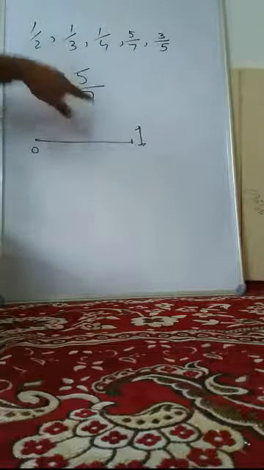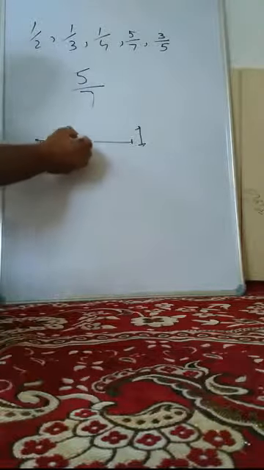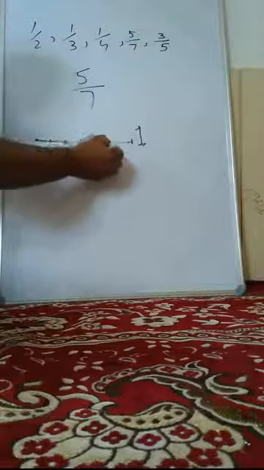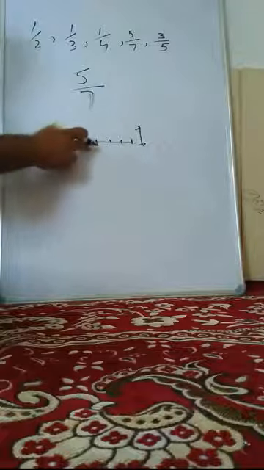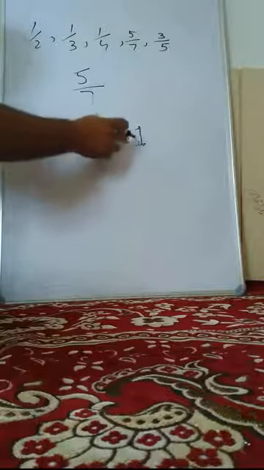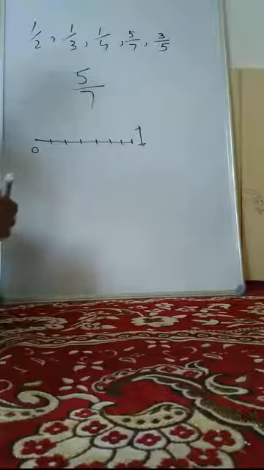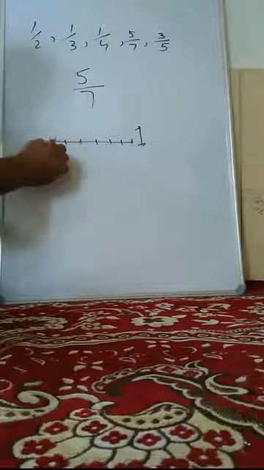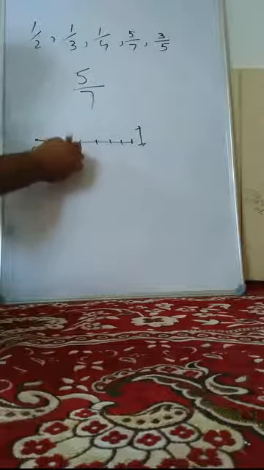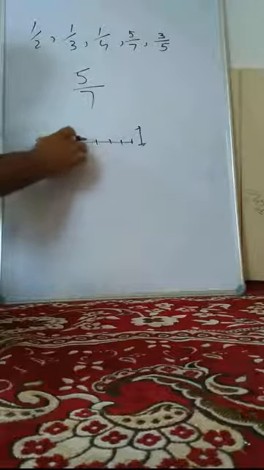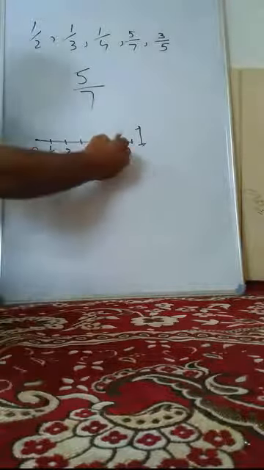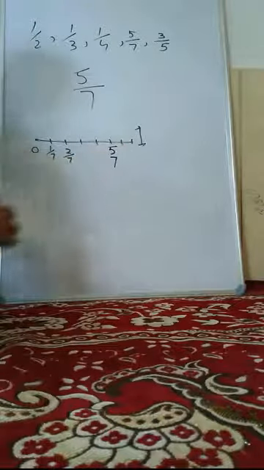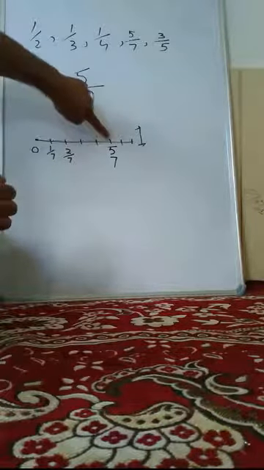Divide it into 7 equal parts: 1, 2, 3, 4, 5, 6, 7. This part is 1 by 7, this point is 2 by 7, this point is 3 by 7, this point is 4 by 7, and this point is 5 by 7. 5 by 7 lies at this point.